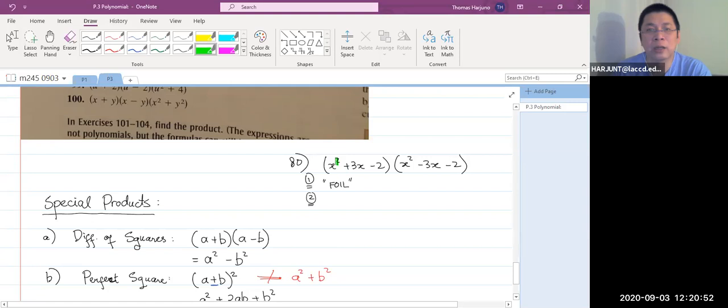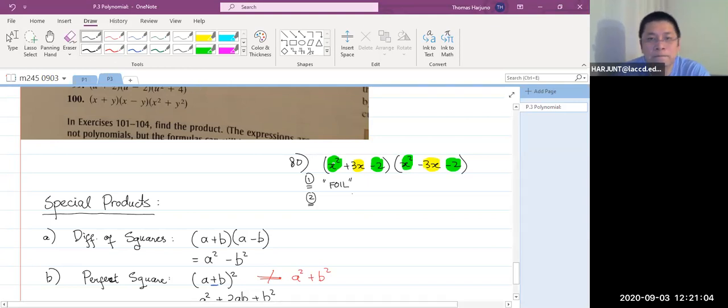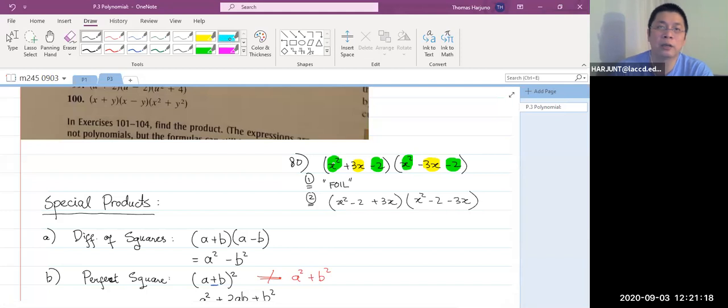Notice that you can say this is the first term and this is the second term. Let me rewrite it. I can see that as x squared minus 2 plus 3x, times x squared minus 2 minus 3x. I can see it that way, and I treat this as one group.